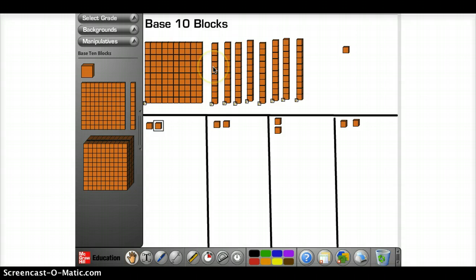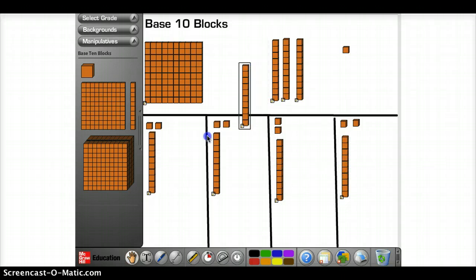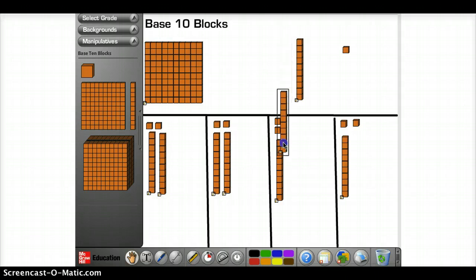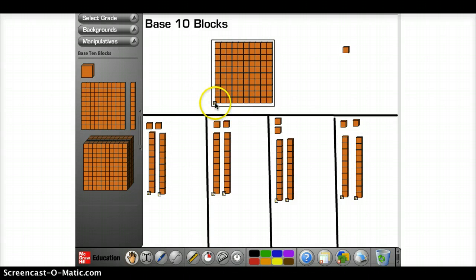I'm going to move on to my tens rods. Perfect, all of my tens rods fit in evenly into 4.